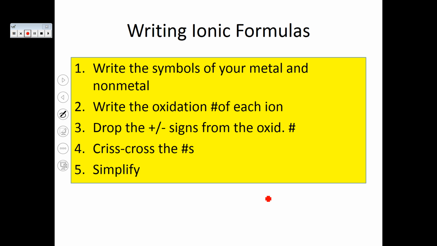So you write those oxidation numbers as superscripts, as top numbers. Then you're going to drop the plus or minus sign, and then you're going to crisscross them, and they're going to switch places to the bottom of the opposite element. And then if the subscripts can be simplified by a least common denominator, then you will simplify them to show the smallest ratio between the two elements.